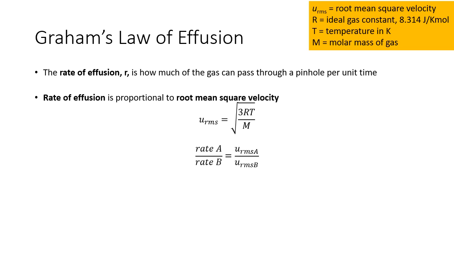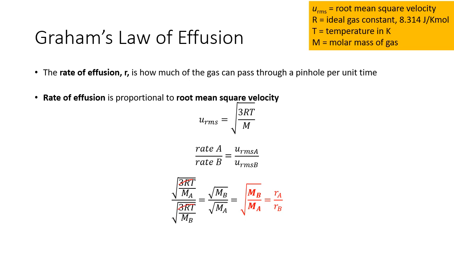Okay, so we've got rate A over rate B equal to root mean square velocity A over root mean square velocity B. Then we're going to plug in the square root of 3RT over M. We're going to have an M sub A and an M sub B. When we do that, we end up canceling the 3RT.